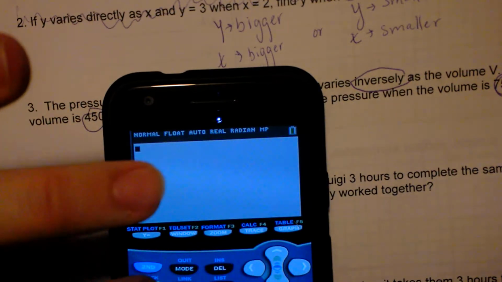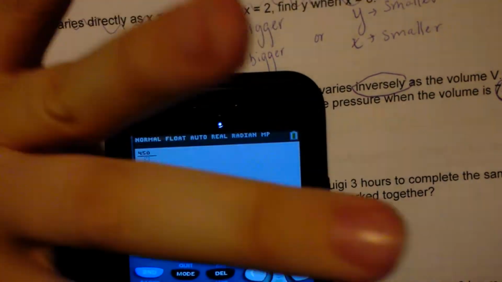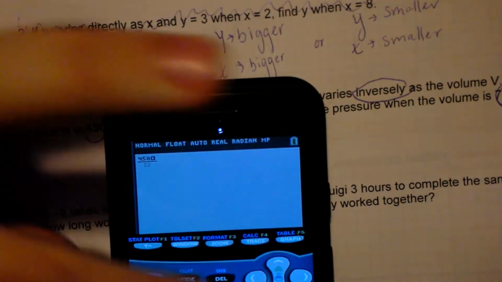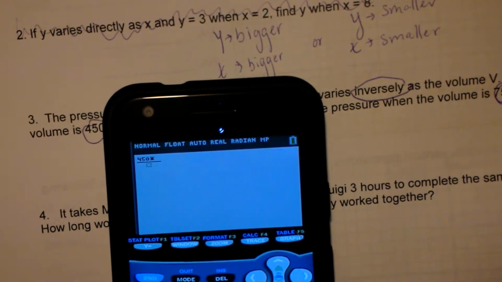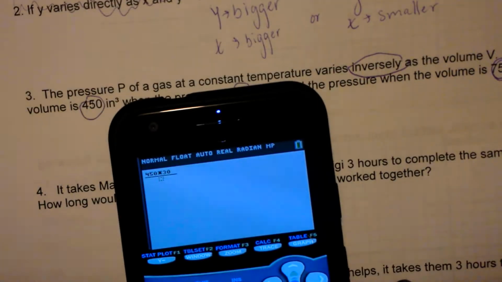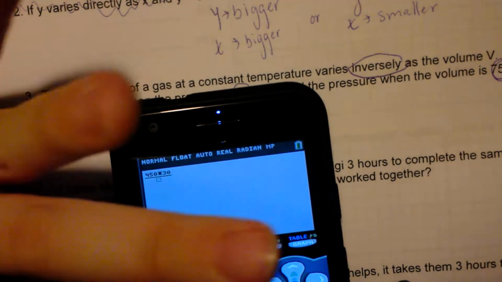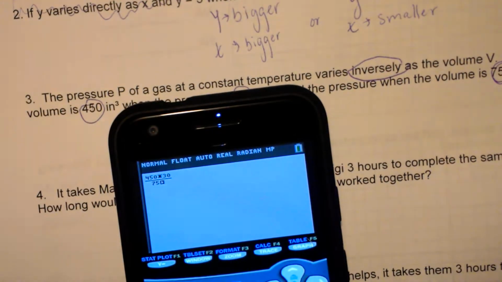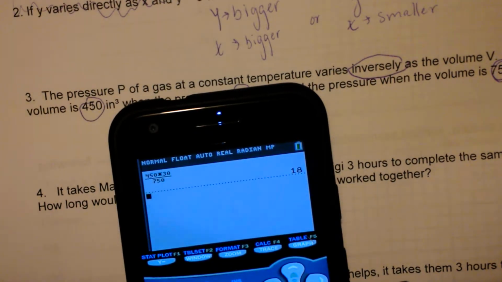So I'm looking at alpha y equals enter. I have 450 times 30 divided by 750. And I get 18.